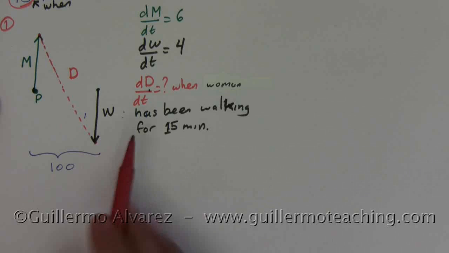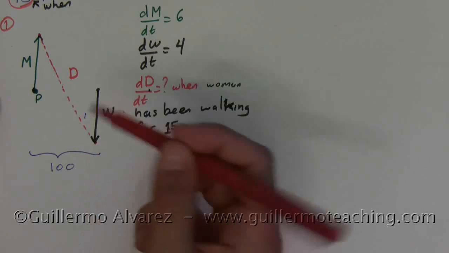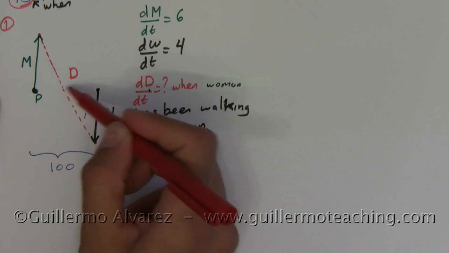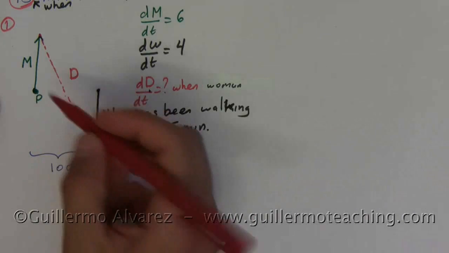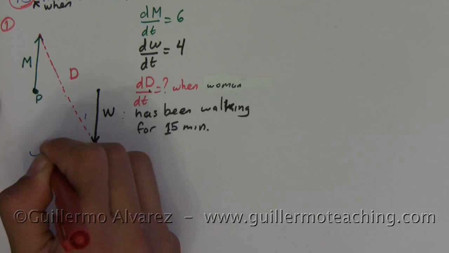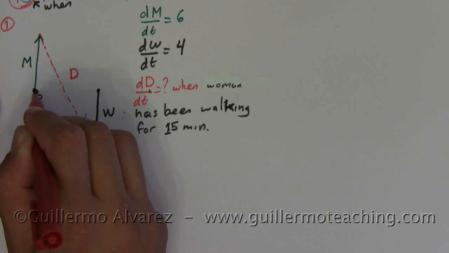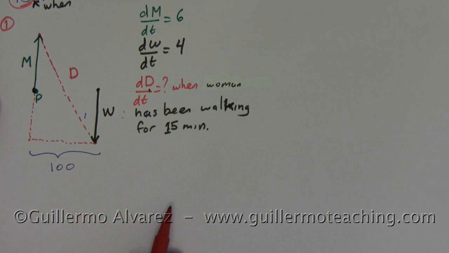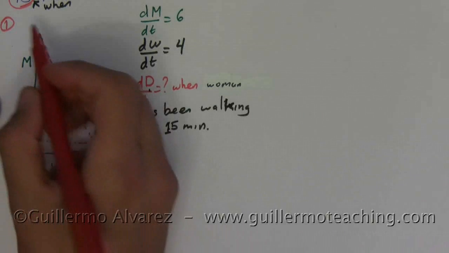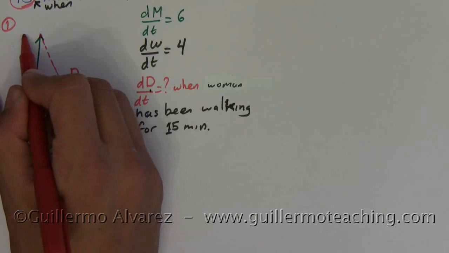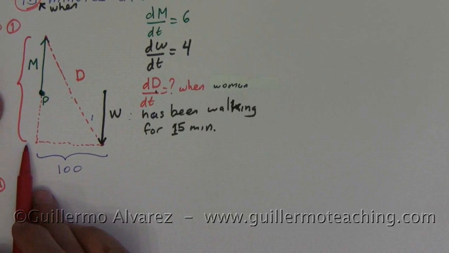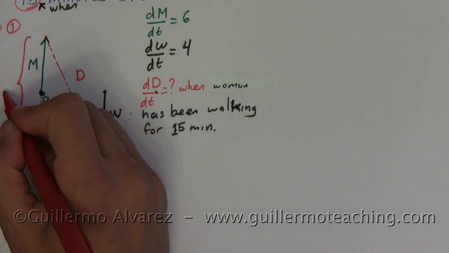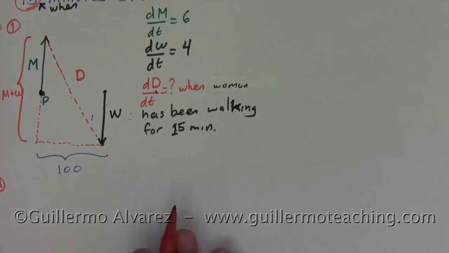So here, notice that you can look at this as two triangles if you want, but it's probably better if instead you look at it as one big triangle where the horizontal distance is always 100, and the height of this triangle is going to be M plus W, the distance the man has walked plus the distance the woman has walked.